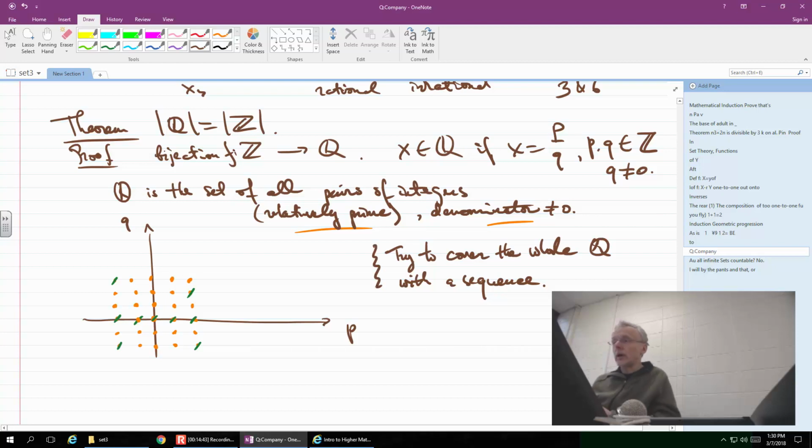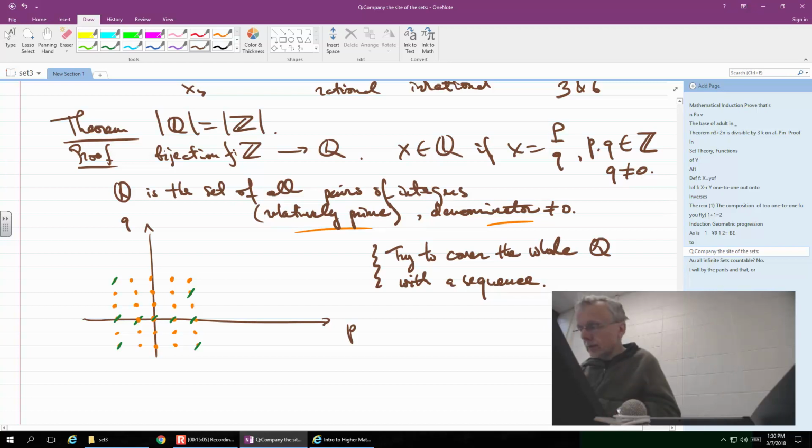We have to, and the word countable is very convenient because you literally want to go through counting those points, those orange points. I want to go through all of them in a sequence without skipping. Anybody has ever seen this proof?